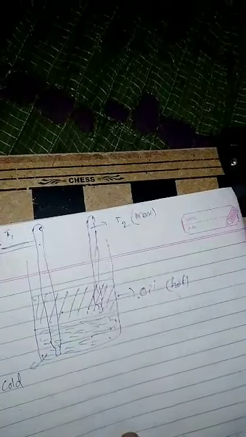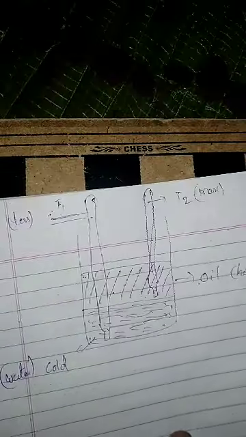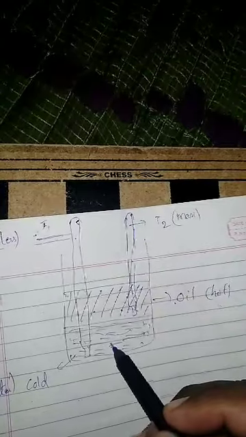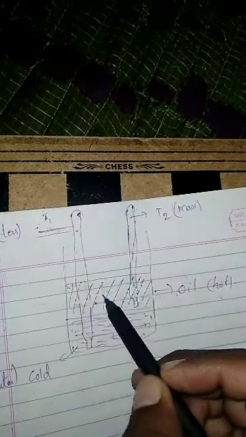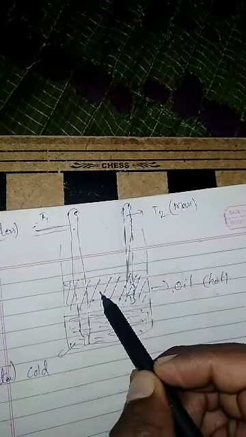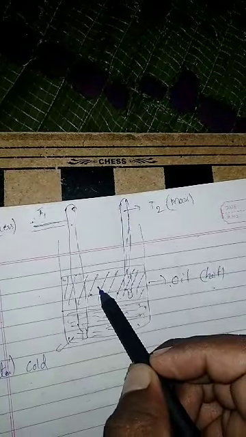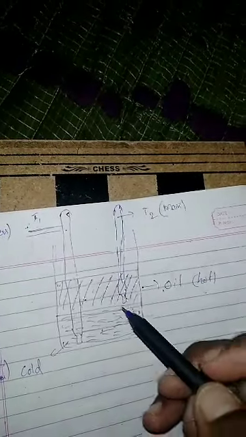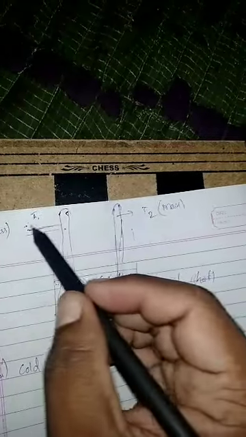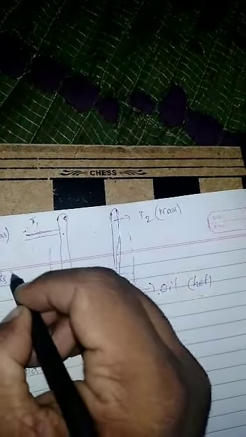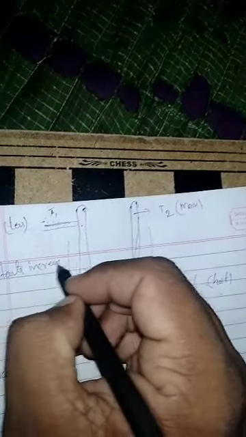temperature. So when the two are mixed, that means when hot oil is added to the container of water, after some time we can observe that slowly the temperature T1 starts to increase and the temperature T2 falls.